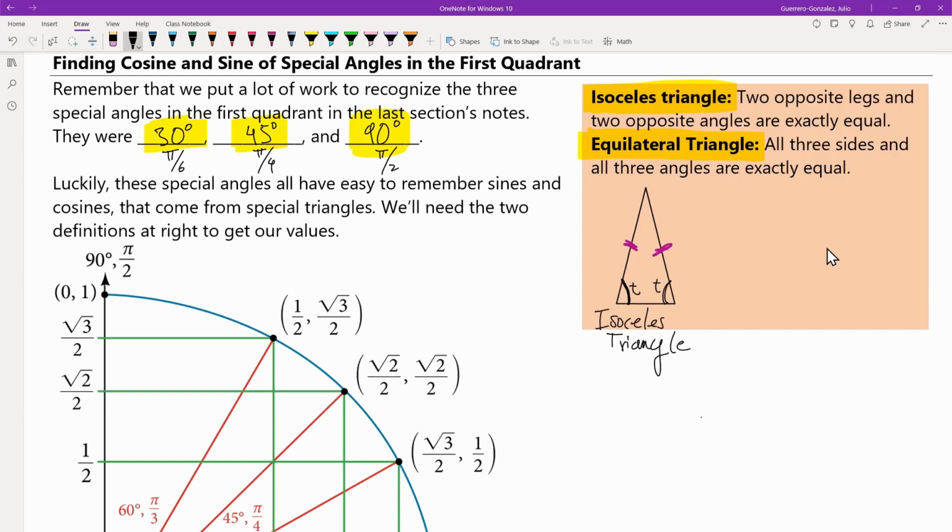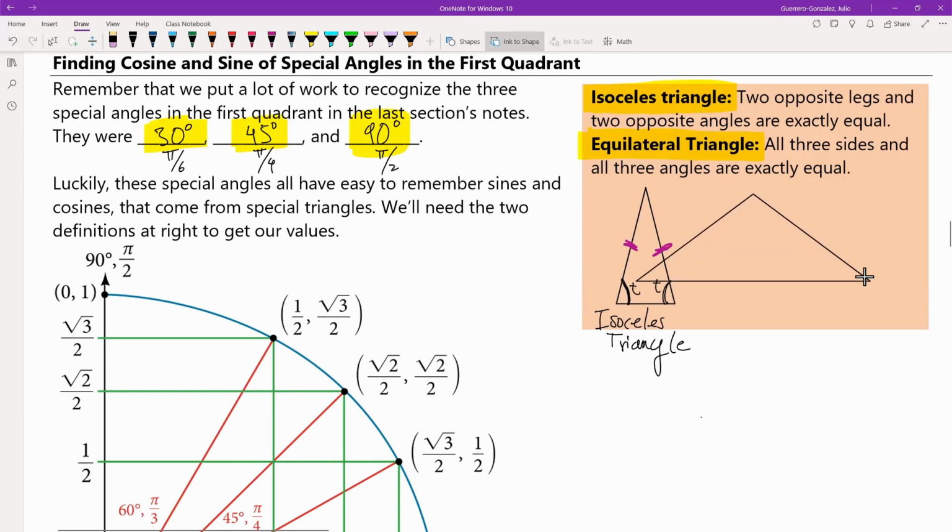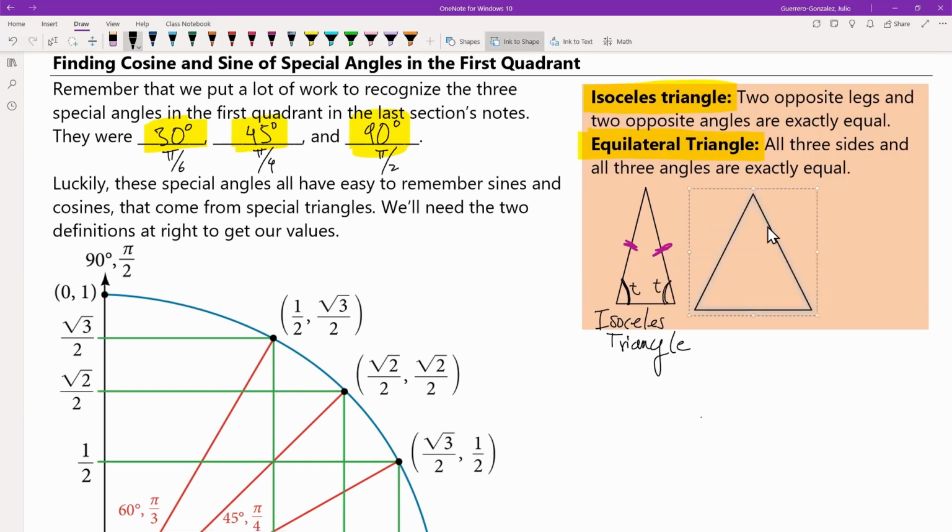Equilateral triangle. So I'm going to do it again. Let's see. There we go.